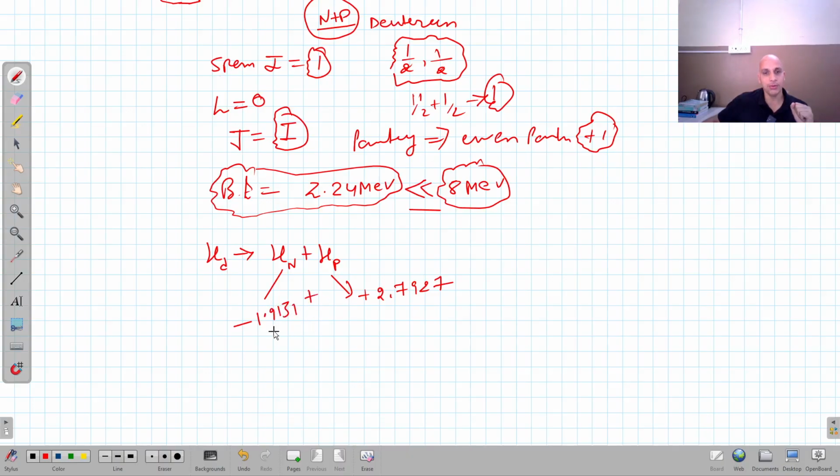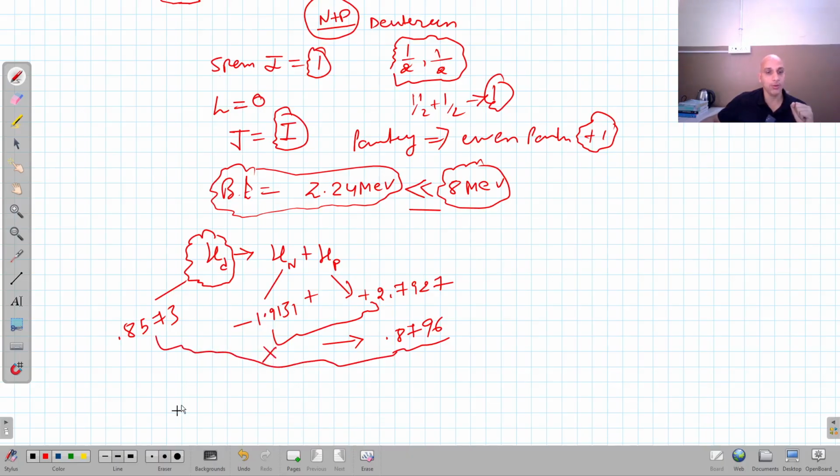If I add up these two, I will find approximately 0.8796. But when we measured the magnetic dipole moment of deuteron, it is found to be approximately 0.8573. So these two values are not equal.